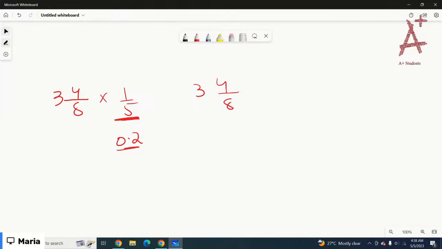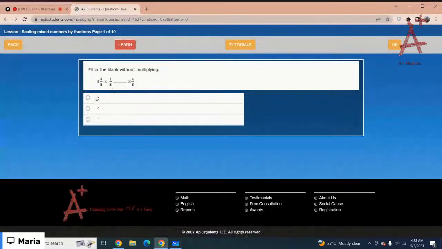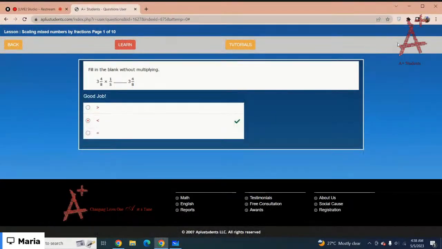So when you're multiplying 3 whole 4 by 8 by 0.2, it makes a much smaller number. So it would be less. The correct option is 3 whole 4 over 8 times 1 by 5 is less than 3 whole 4 over 8.